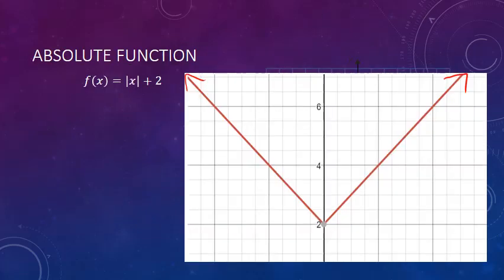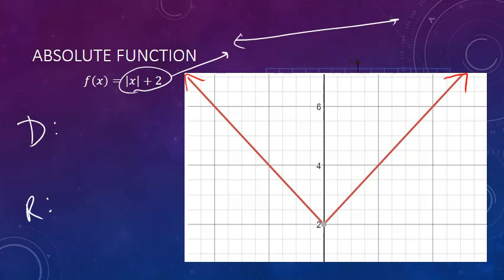Let's look at the next one, the absolute value function. So now let's think again, domain and range. The domain is going to be the very left of the graph. Let's do the same thing algebraically. Is there anything on this number line that will make absolute value of x undefined? Well, no, because I can take absolute value of all positive numbers, absolute value of 0, and absolute value of all negative numbers.